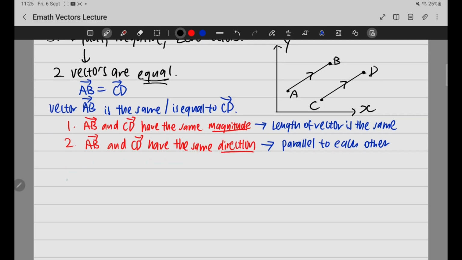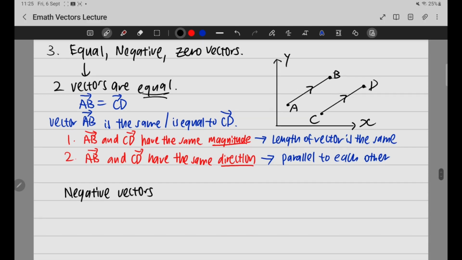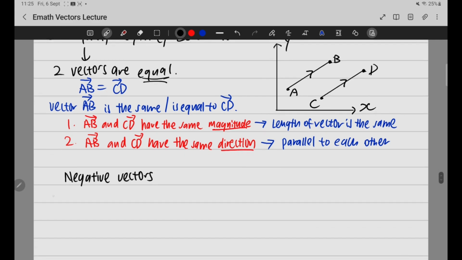How about negative vectors? So for example, let's say we say that vector EF is the negative vector of AB.